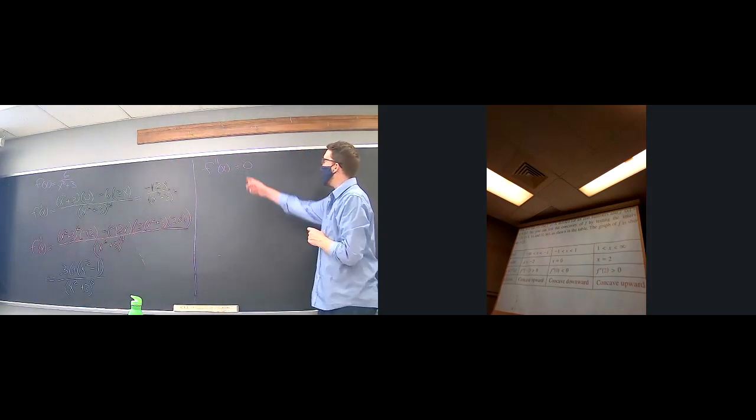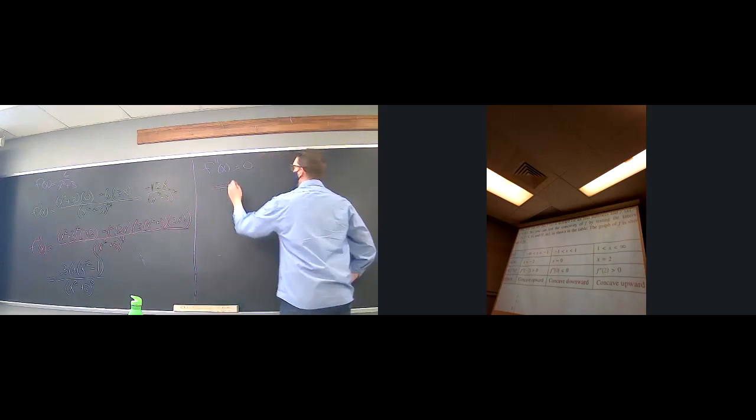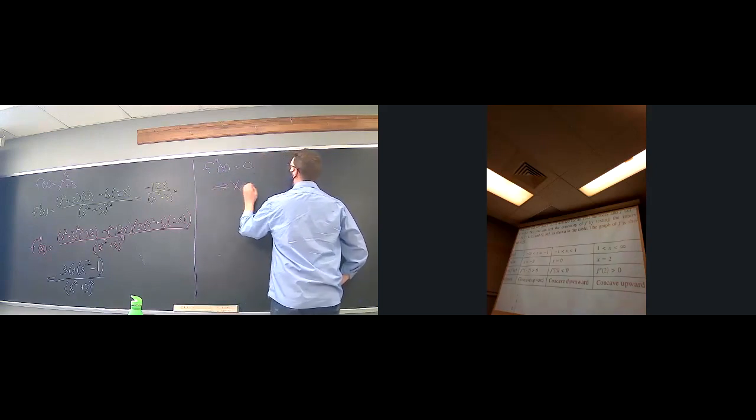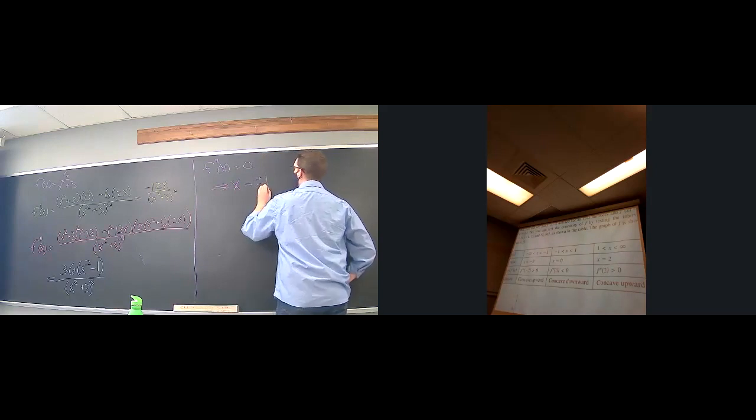This is going to happen whenever x is equal to -1 or 1. Agreed? Folks at home, you with me on this? Awesome. All right, so this implies x is equal to plus or minus 1.